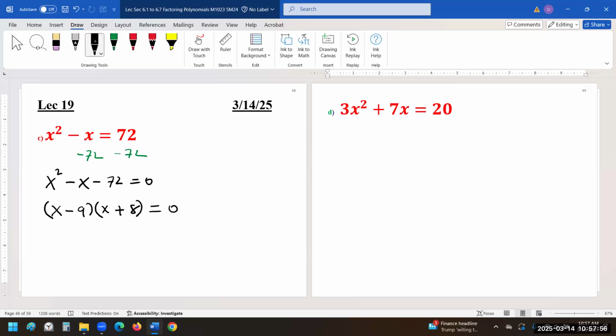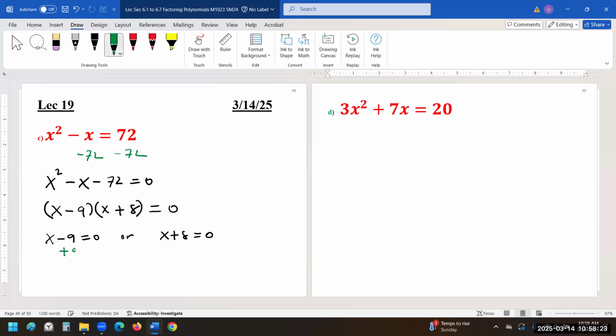So here we have a product of two factors equals 0. And in order for a product to be 0, one of them definitely has to be 0. But we don't know which one. So we said, well, maybe the first one is 0, or maybe the second one is 0. Then we solve for x to see what makes each of them 0.